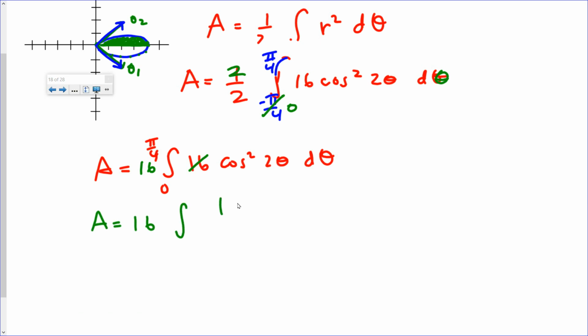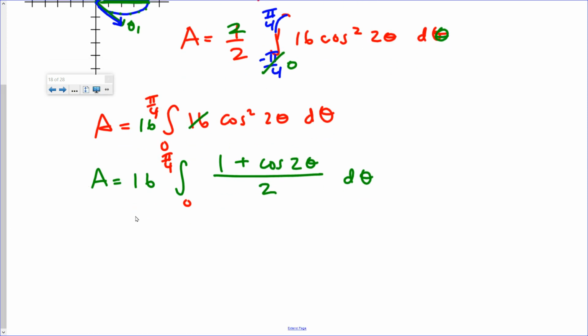This is a cosine squared, plus cosine 2 theta divided by 2 d theta. And the nice thing about these polar area problems is, used to when you had special integration, you were worried about how do I integrate cosine squared 2 theta. Well, now that's the easy part of the problem. Okay, now I gave you other things to worry about. So that's cool. You got other things to worry about. Okay, this part right now is easy, the cosine squared 2 theta. Okay, how would you integrate this?